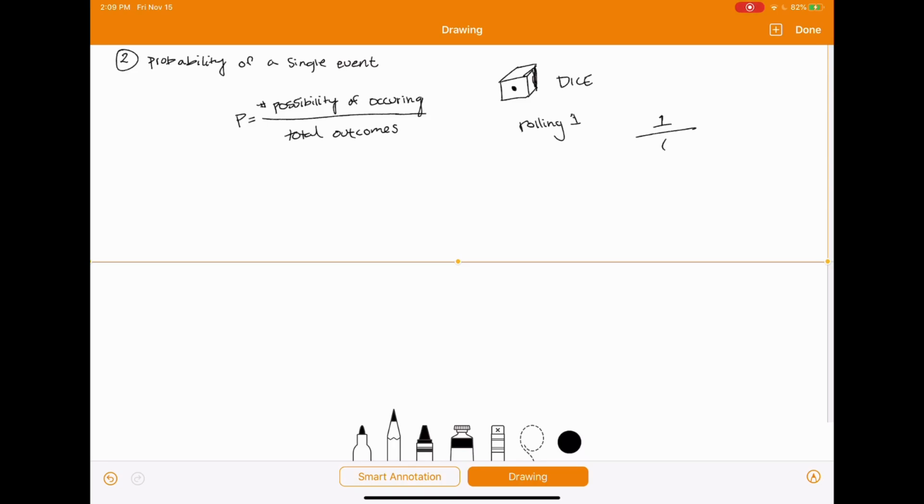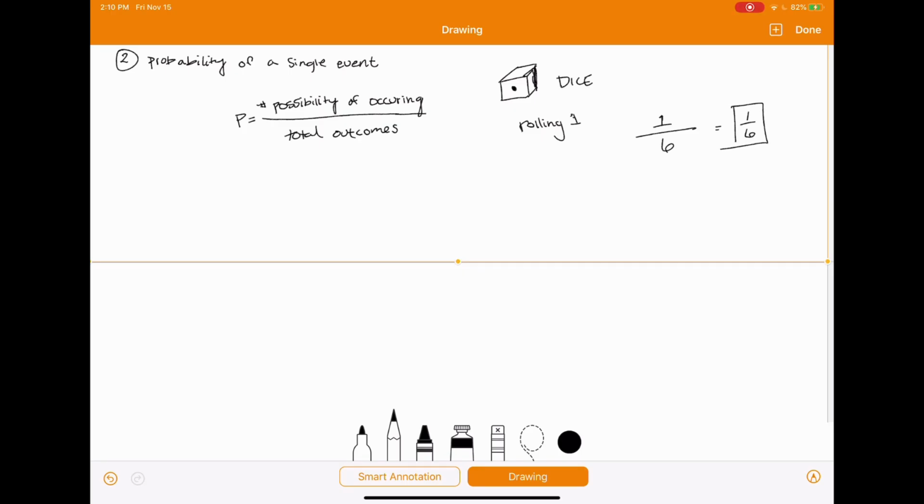So there's 6 sides on a dice. So one side has the chance of being a 1 that's rolled, and then a total of 6 possible outcomes. So that would be your probability.